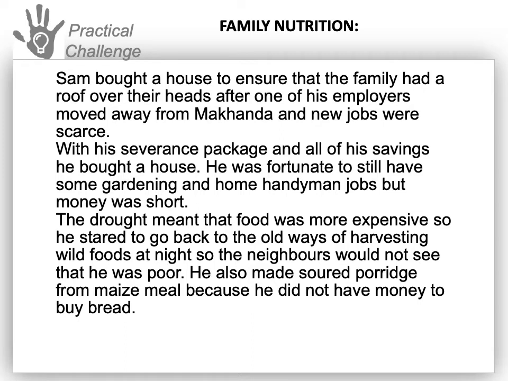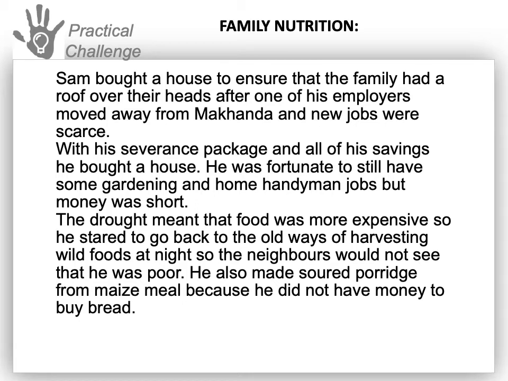The drought meant that food was more expensive, so he started to go back to the old ways of harvesting wild foods at night so that neighbors would not see that he was poor. He also made sour porridge from maize meal because he did not have money to buy bread.